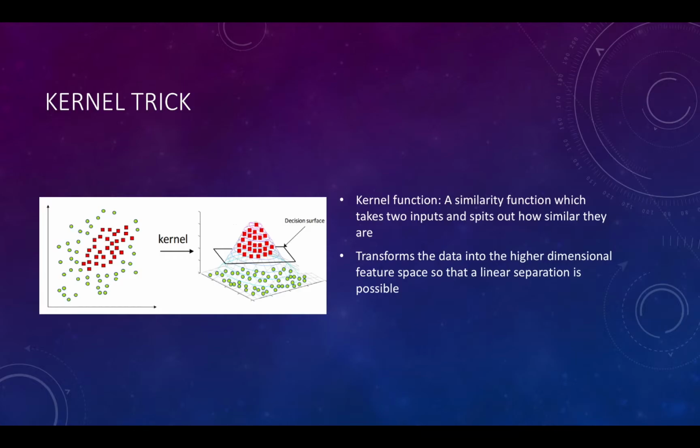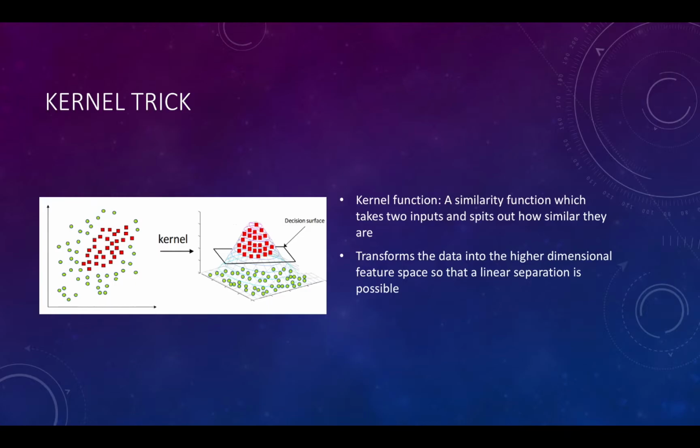In SVM, it introduces the kernel function. A kernel function is a similarity function which takes two inputs and spits out how similar they are. So in SVM, we use the kernel function to make a kernel trick.